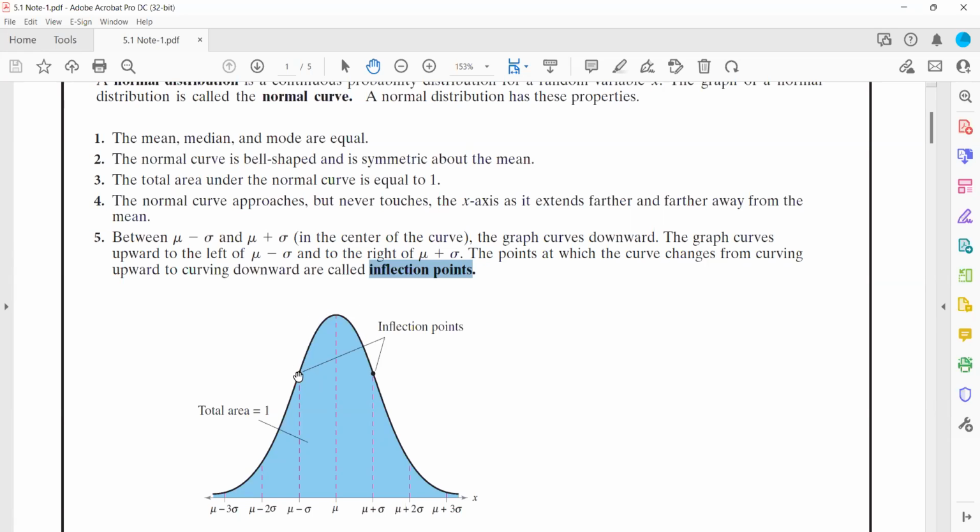This point is called an inflection point. Again, on the right-hand side, the graph opens down, then it starts opening up, and you have another inflection point. The inflection points on the graph are associated with mu minus sigma and mu plus sigma.